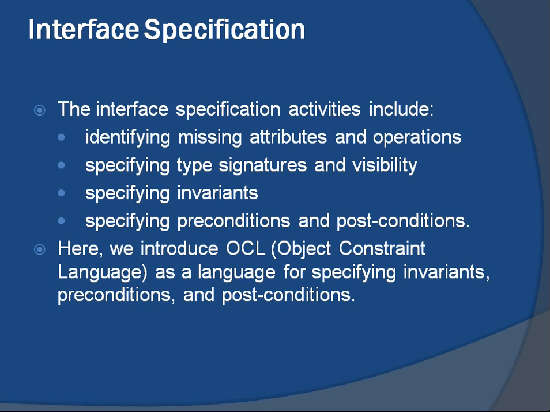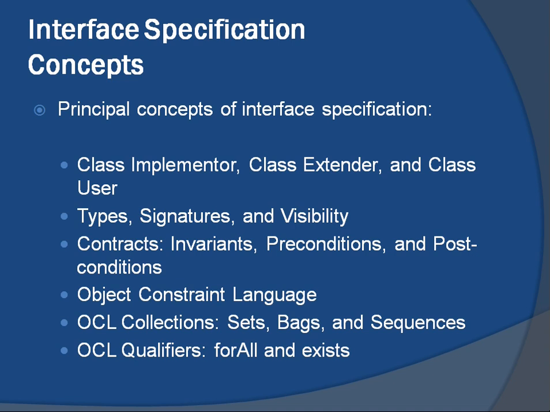Then specifying type signatures and visibility, specifying invariants, specifying postconditions and preconditions. Here we introduce OCL. By OCL we mean Object Constraint Language. It is the language for specifying invariants, preconditions and postconditions.